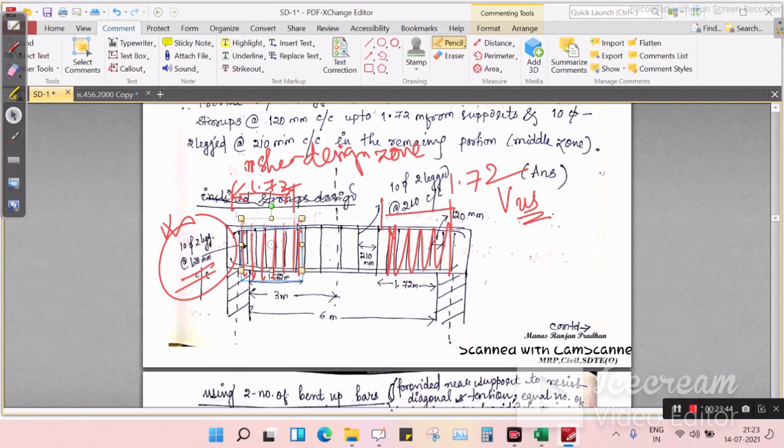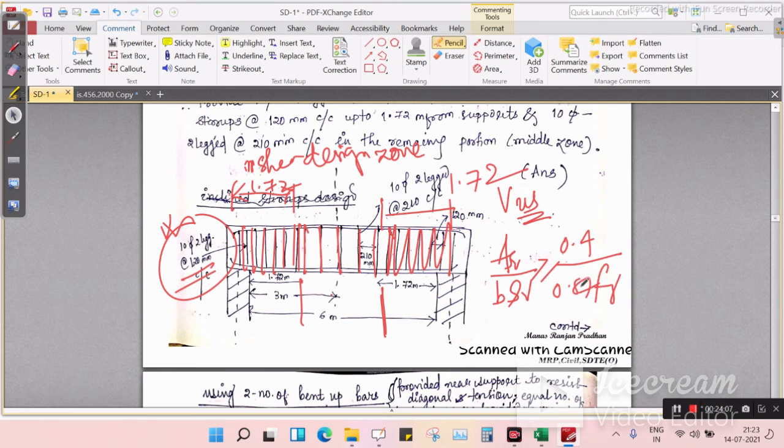So remaining portion is our, this remaining portion here, stirrups are at a spacing of 210 mm center to center, because remember we have calculated maximum stirrup spacing, that is Asv by b sv, 0.4 by 0.87.